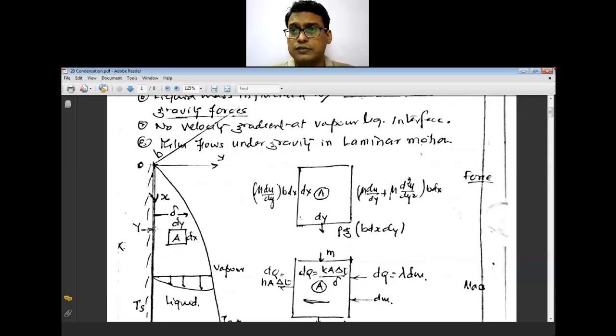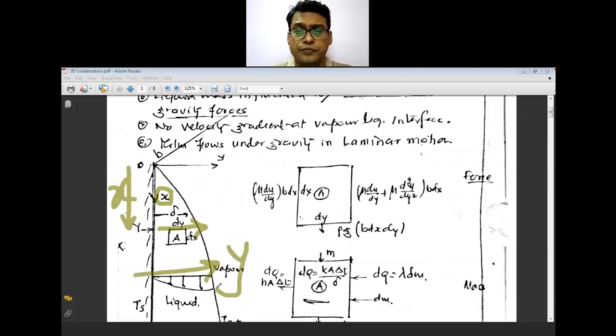Y is this direction, that is in the delta direction, and x is the vertical direction. This is the x and this is the y in this derivation. You have to remember that the x and y notations are different.